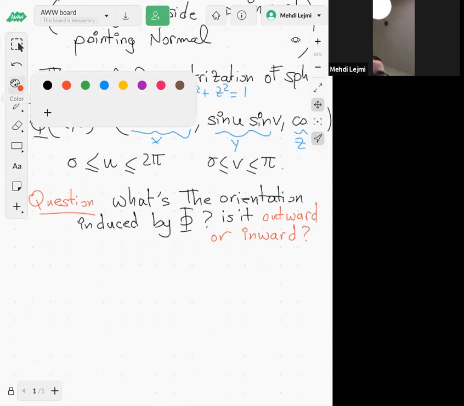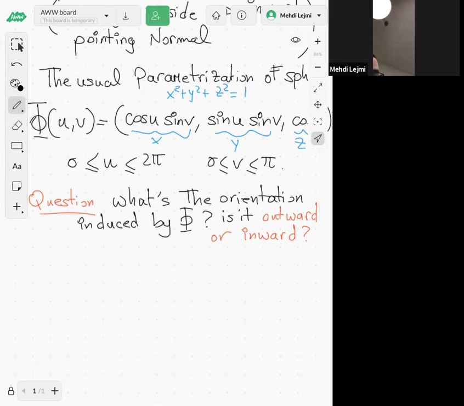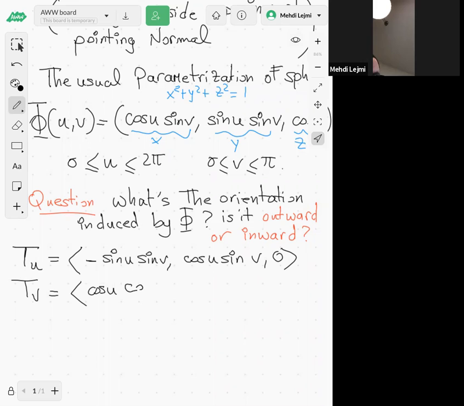Well, we compute our normal vector. As usual, you first compute the derivative with respect to u. So it's just minus sine of u sine of v, cosine of u sine of v, 0. This is the derivative of phi with respect to u. The derivative of phi with respect to v is cosine of u cosine of v, sine of u cosine of v, and then the derivative of cosine of v is minus sine of v.